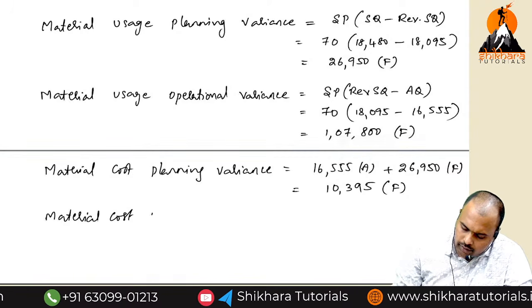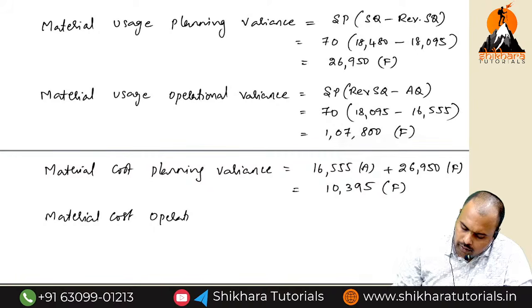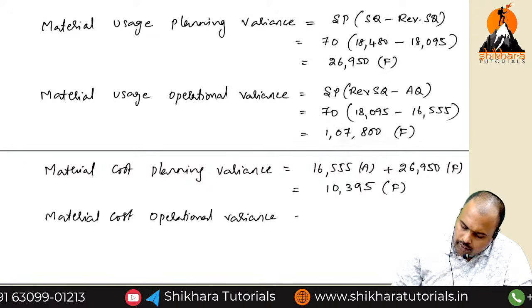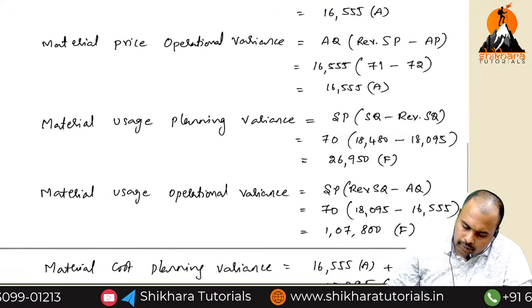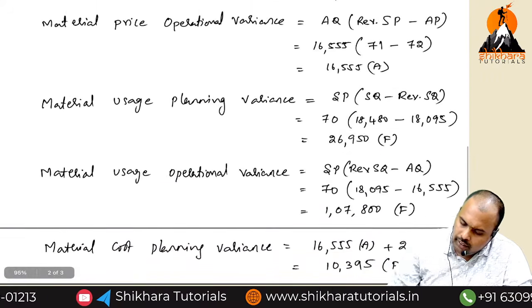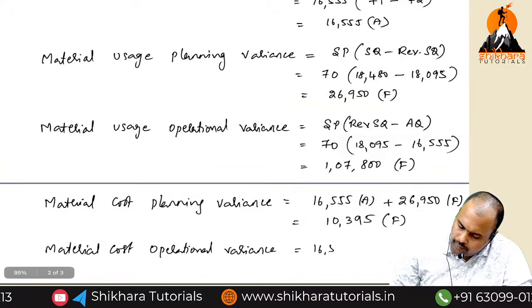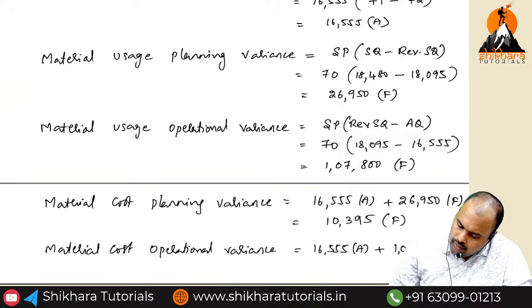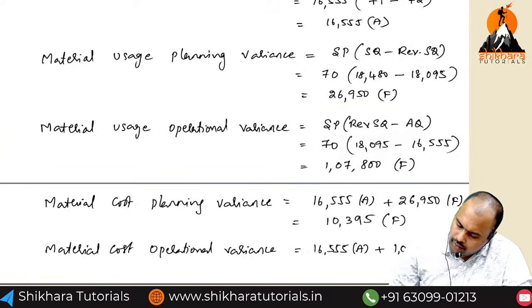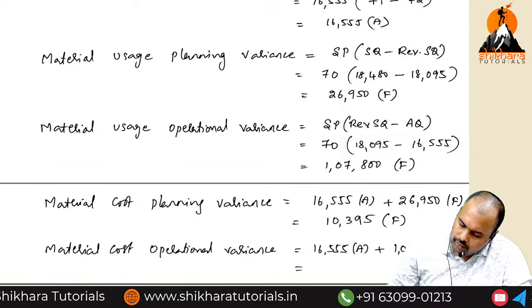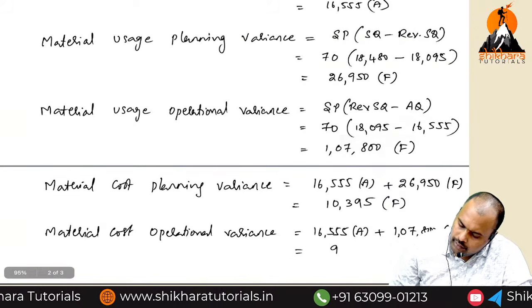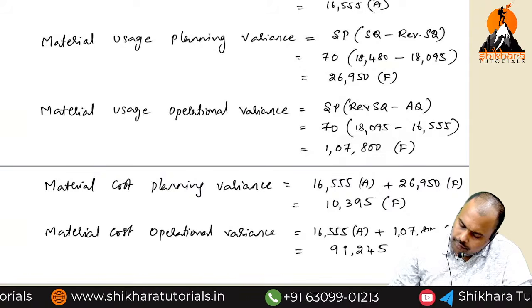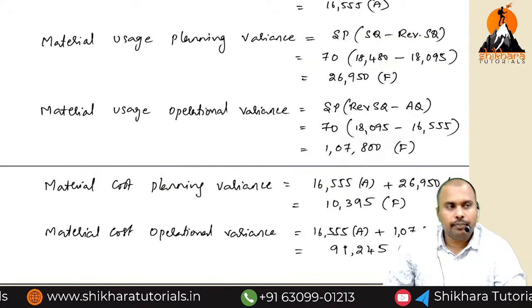Next, material cost operational variance is equal to price operational, 16,555 adverse, plus usage operational, 1,07,800. So 90,245 favorable.